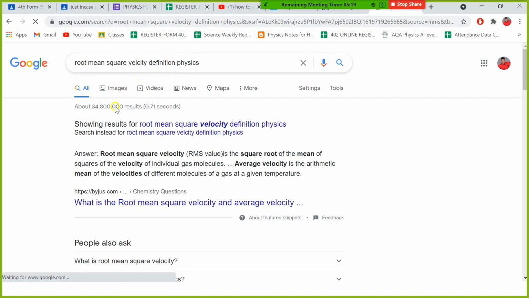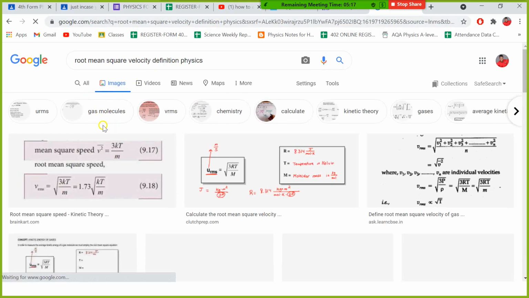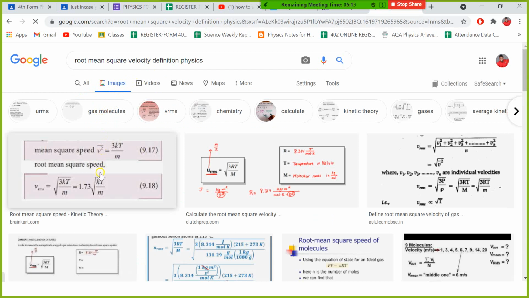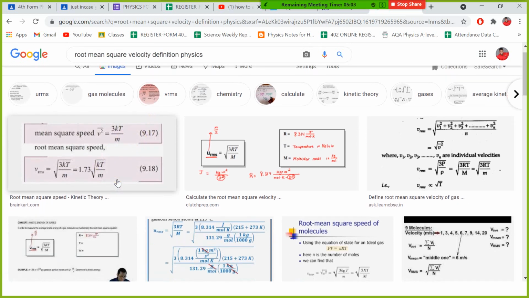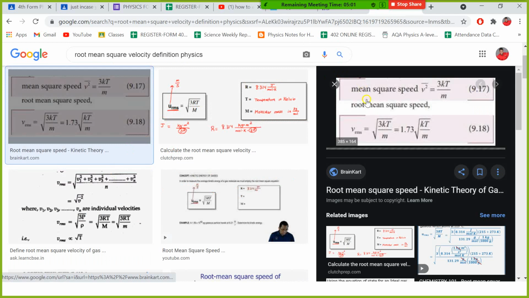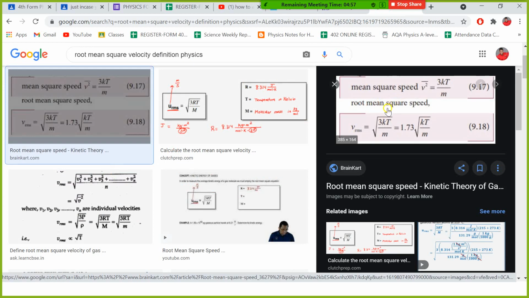All right. Let's look at how we generally go about writing it. I think we can reach the point where we can find out the root mean square speed. We soon reach that point where we can pretty much calculate it, right?